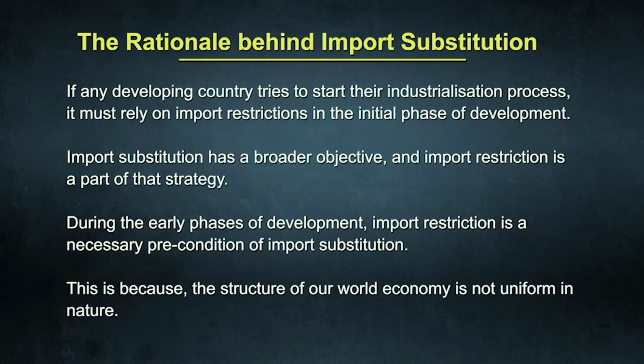This is because the structure of the world economy is not uniform. Some countries are much more developed in terms of capital accumulation, technology and industrialization than others. Also, the technology for industries is such that in general they exhibit increasing returns to scale, so it is difficult for a newly formed industry to compete with existing ones.